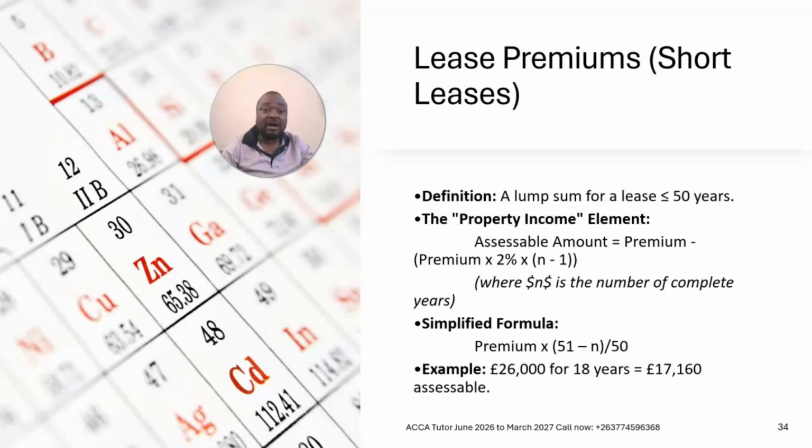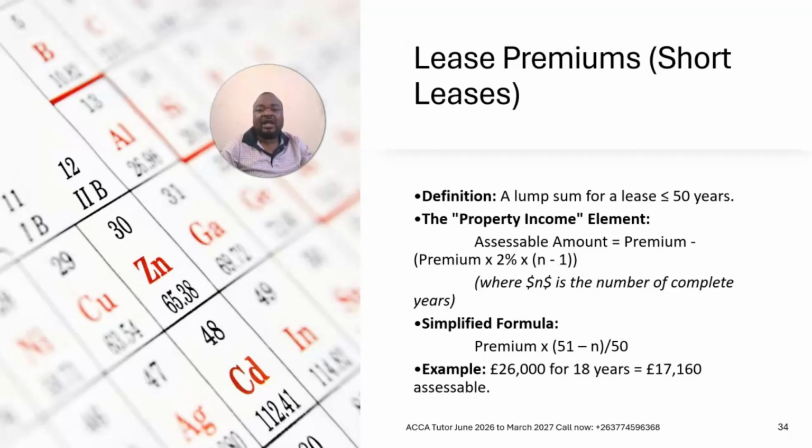And the assessable amount for tax purposes is going to be that premium minus, in bracket, premium multiplied by 2% multiplied by (n minus 1), where n is the number of complete years the tenant is going to be on your property.